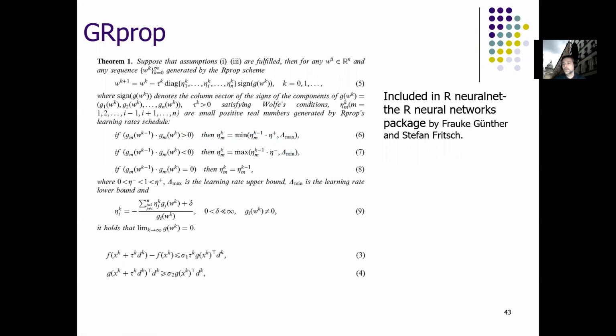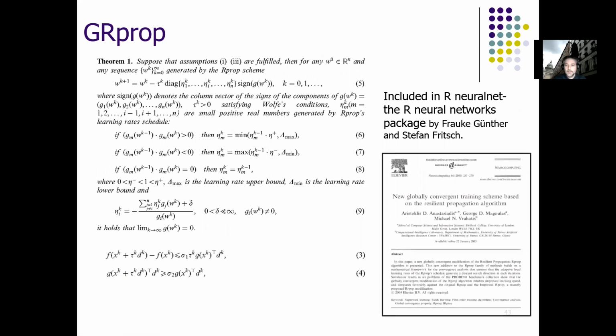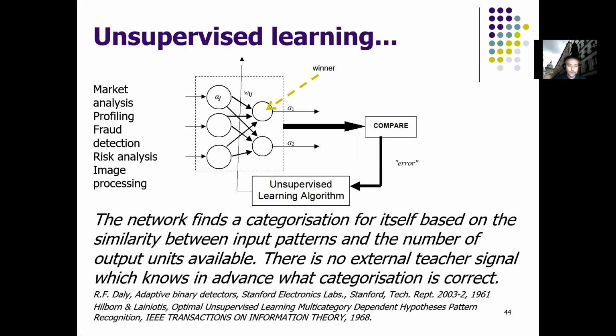It's not going to diverge, no matter whether you make a mistake in setting the hyperparameters, like upper bounds or lower bounds for the learning rates, or initial values of the learning rates. This is guaranteed by using these kinds of conditions, which restrict the changes in the updates of the values. That was an algorithm designed by us here at Birkbeck and has been incorporated in the R neural network package. Although it's not fully complete. They forgot to include a couple of steps.